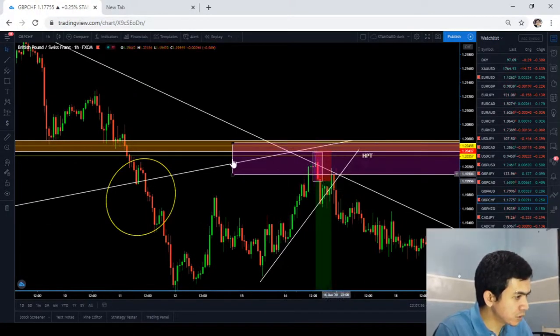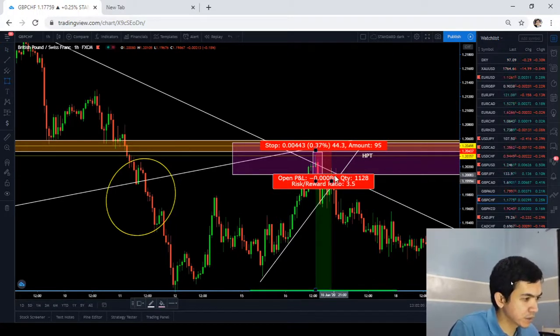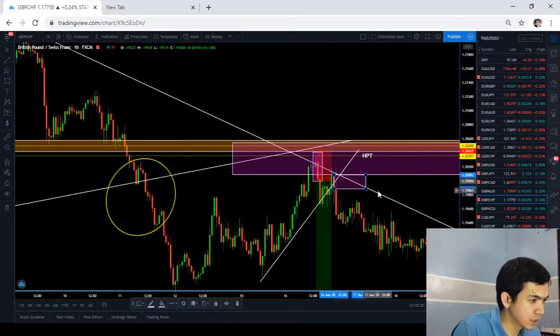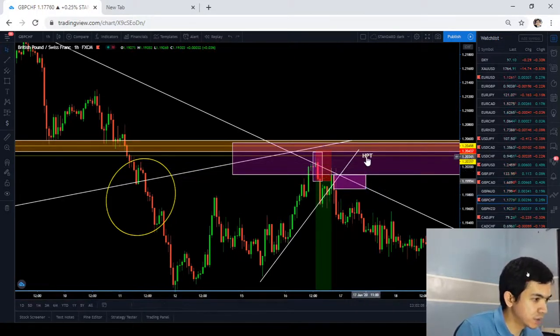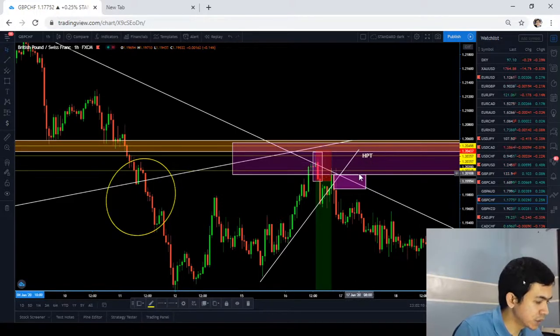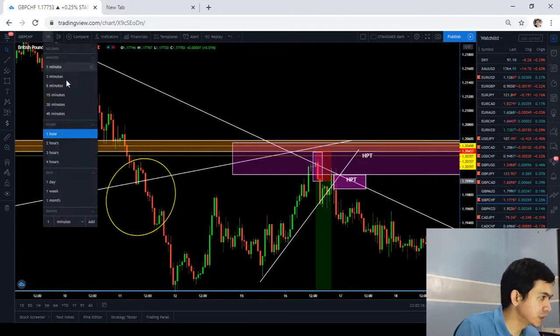Diba? So, more or less, dun pa rin papatak. Okay? Dito. Ang ating HPT zone on a 1 hour. Diba? Kung hihimayin pa natin yan, baba tayo sa 15 minutes.